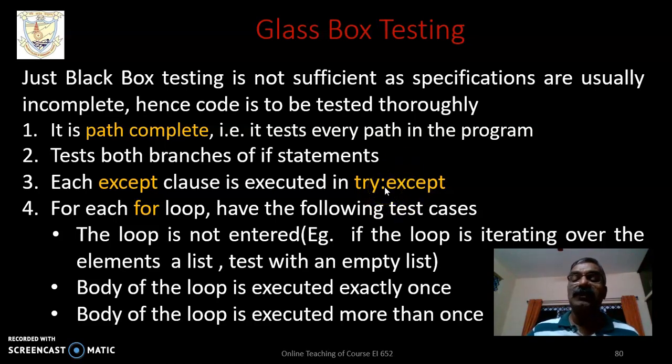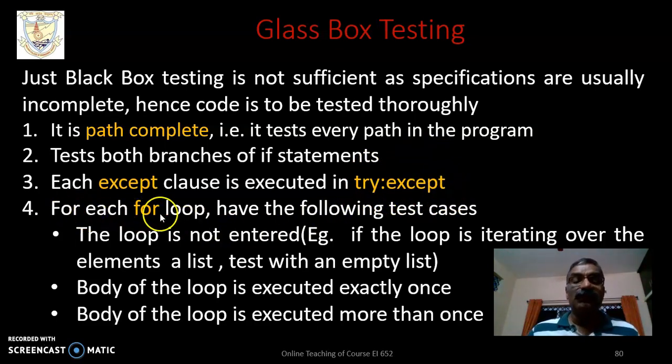If the file is not present at the server side, then the exception will be thrown. So that is file not present error, then value error, then divide by zero error. There are so many types of exceptions. All possible exceptions are to be executed, not just one or two, whenever we are using try except.